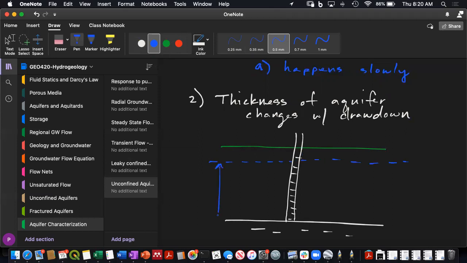The thickness of the aquifer here is B. Then we start pumping, and we draw the water table down and we get this cone of depression. Because the water table is drawn down, the thickness of my aquifer here goes to this B prime. It is now some thickness that is less than the original thickness.